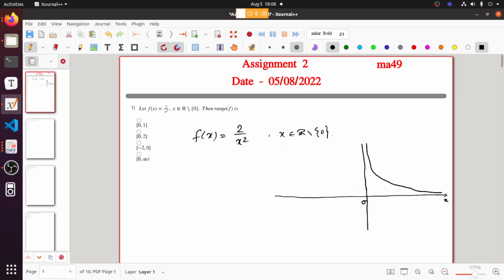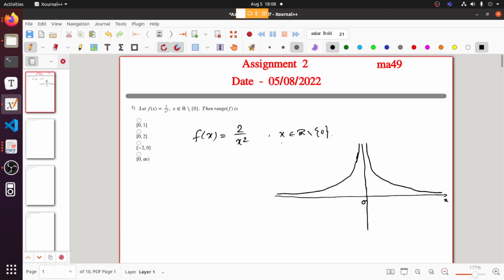And what happens when x goes to minus infinity? This function again goes to 0, right? And as x tends to 0 from the left hand side, this again goes to infinity. And this function will be symmetric around 0 for positive and negative. So this is the function f.